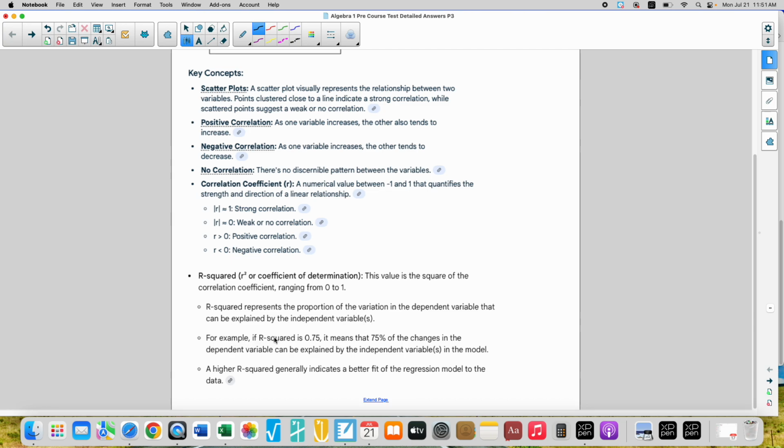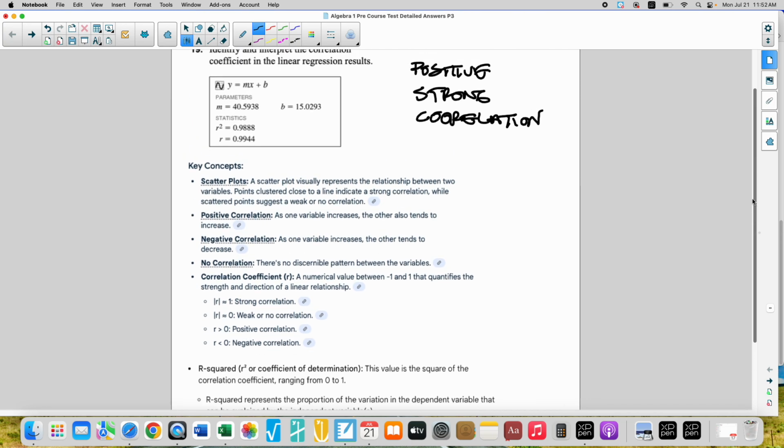For example, if R squared is 0.75, it means 75% of the changes in the dependent variable, y depends on x, can be explained by the independent variable in the model. So a higher R squared generally indicates a better fit, because that would be 90% affected by the change. So in this case, it's 98% causation.